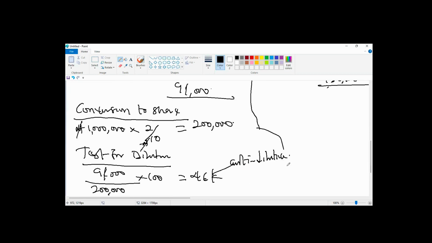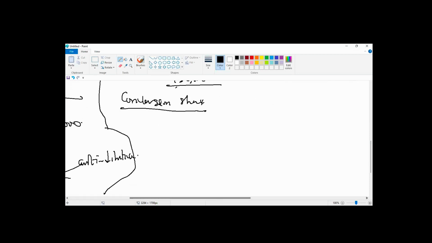Then conversion to shares. The principal amount. How do you want me to convert to shares? 3/5.